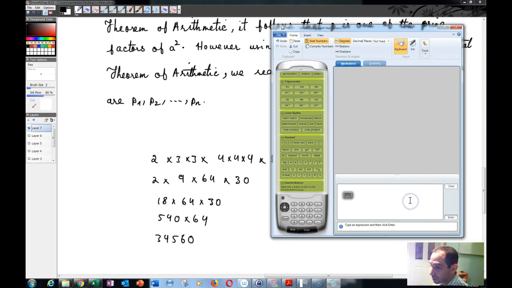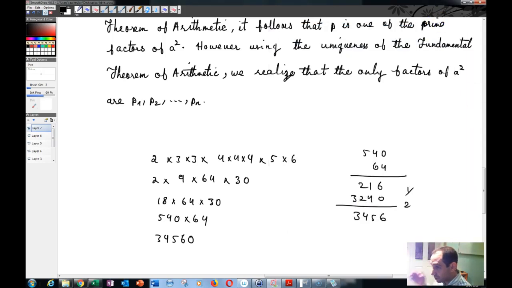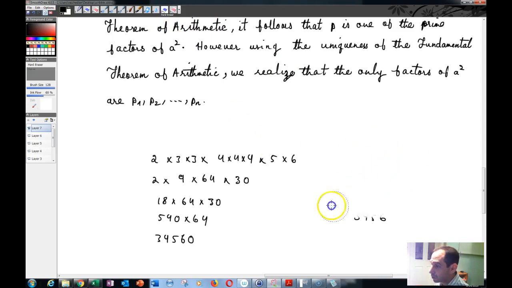Let me actually multiply these numbers. So 2 times 3 times 3 times 4 times 4 times 4 times 5 times 6 is equal to 34,560.